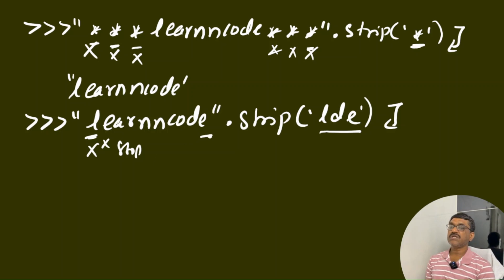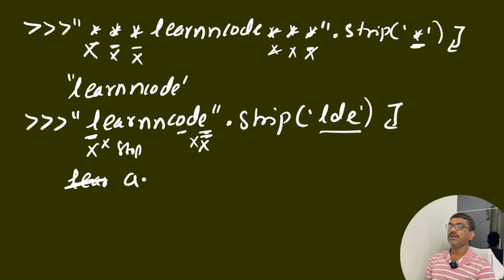After that, it is going to start from the ending. E is there, E is matched here. Yes, this is removed. Next, D is also matched here. D is also removed. Now, while you move from right to left, here there is an O. O is not there in LDE. So at this place, it is going to stop, and the output you are going to get is with L, E already deleted.